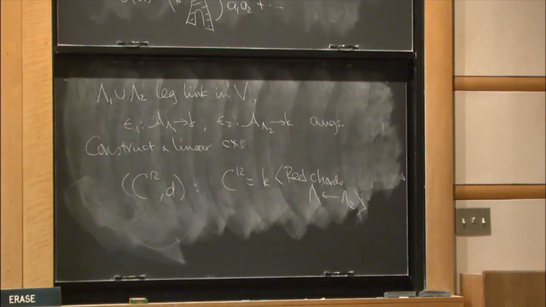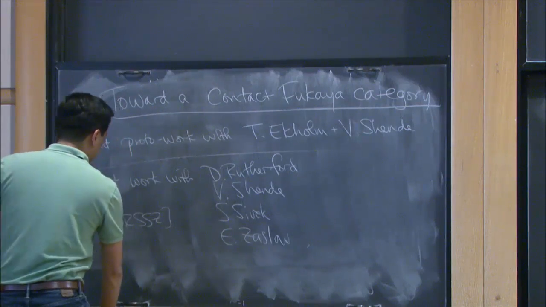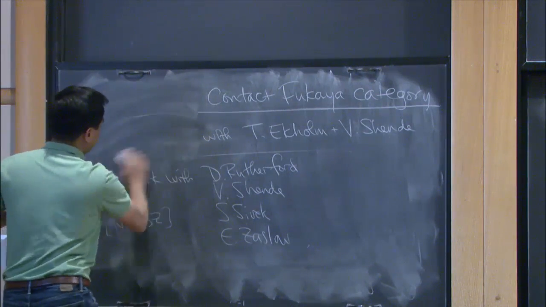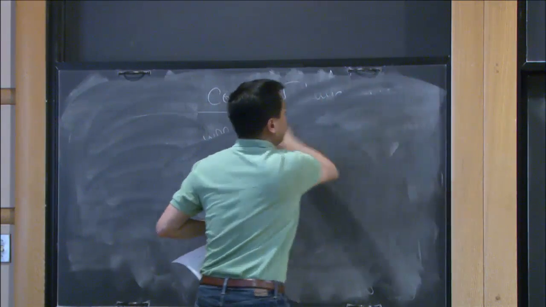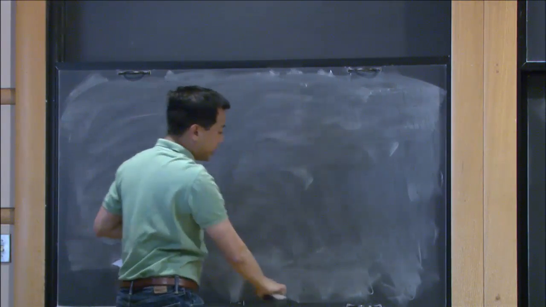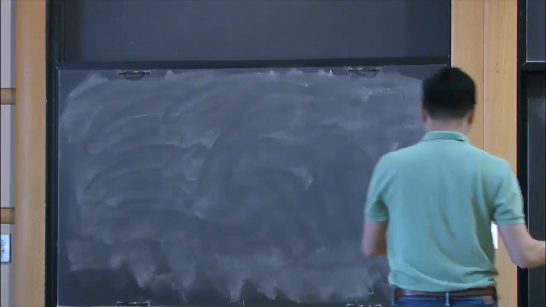And now I should tell you what the differential is. For the experts, I guess you know this already. The differential will be the linearized differential for the DGA of the entire link, linearized with respect to the augmentation epsilon 1, epsilon 2, and restricted to this particular piece, C12, and then you take the adjoint of that.